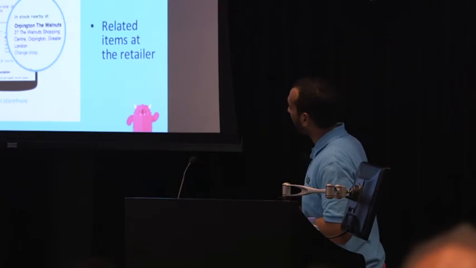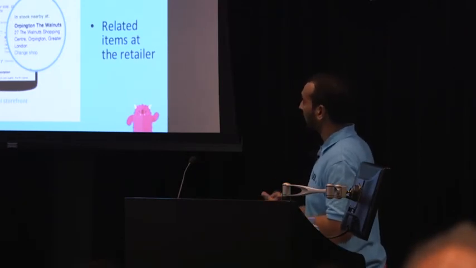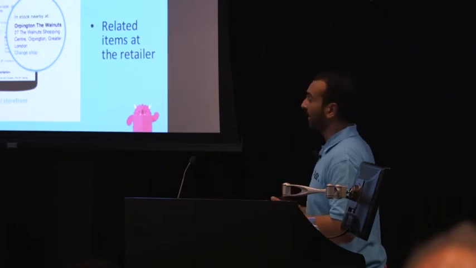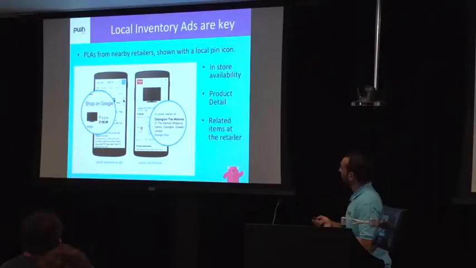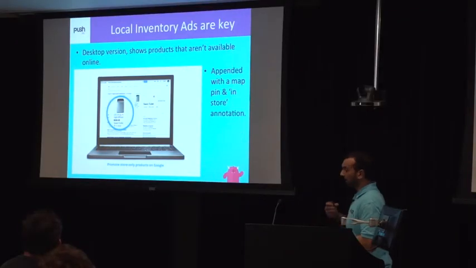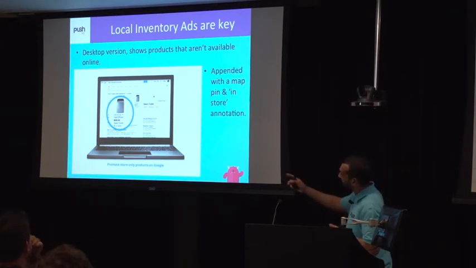There's an example below here, and what they show is in-store availability, product detail, and other related items that may be available in that retail space. This has been transferred to desktop as well. The listings have been appended on desktop with a map pin and an in-store annotation where they appear.